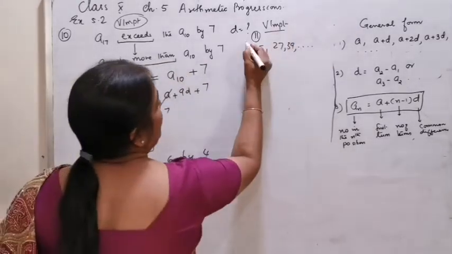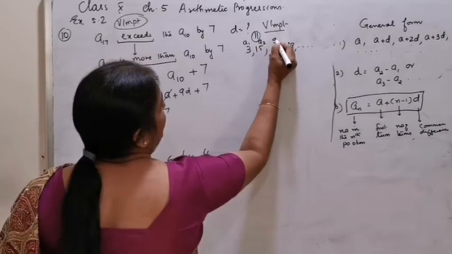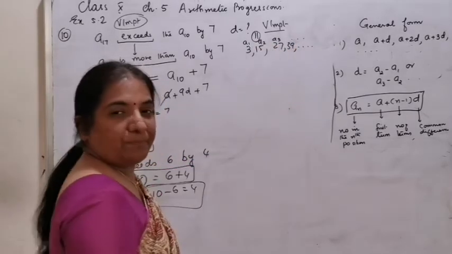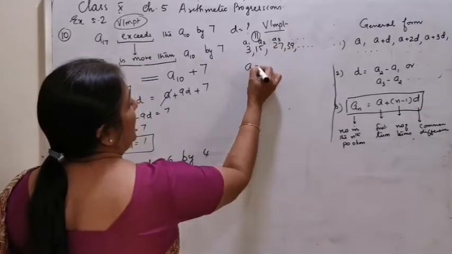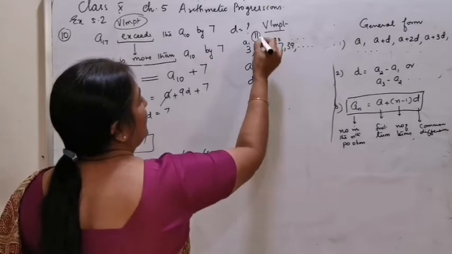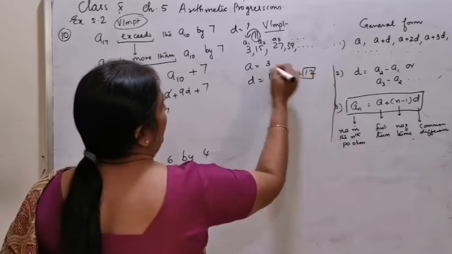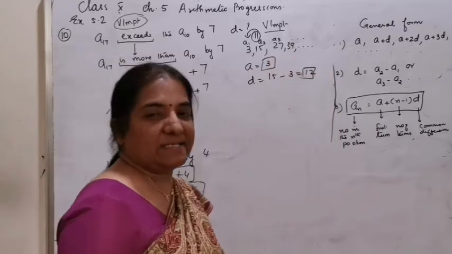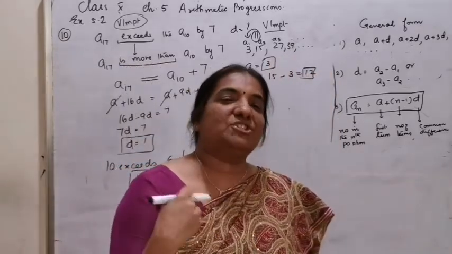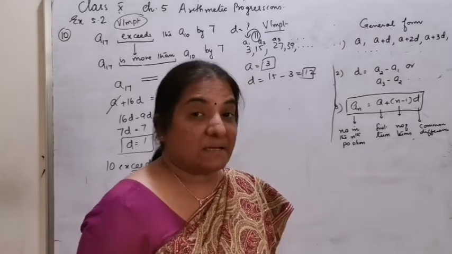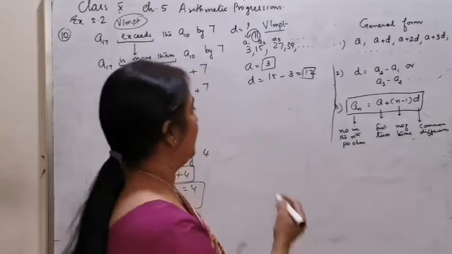After getting the AP, you just name it as A1, A2, A3, etc. The value of A is 3, D is equal to 15 minus 3, which is equal to 12. Now you understand the question again. Which term of the AP? Let us represent it as AN.